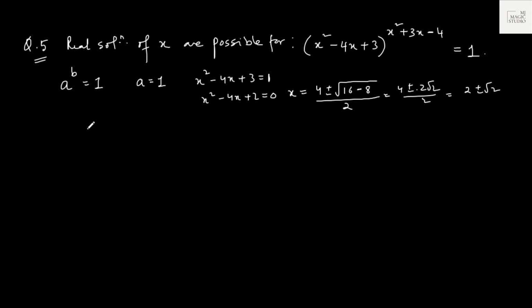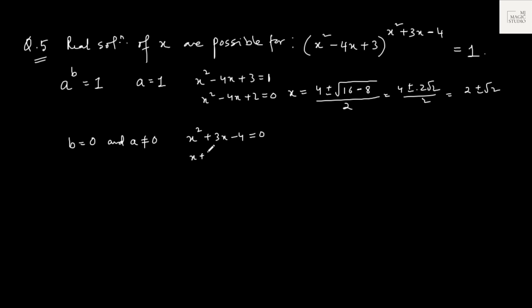Now, isn't it also possible that b is equal to 0 and a is not equal to 0? A is not equal to 0. A can be anything, negative, positive, whatever. But b is equal to 0. So if we make b equal to 0, x square plus 3x minus 4 is equal to 0.